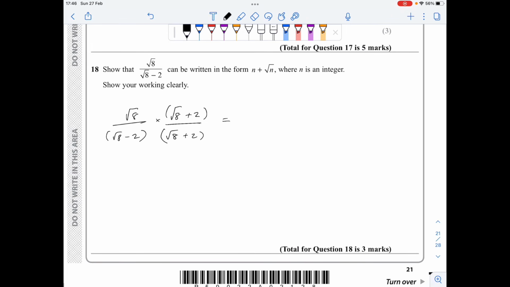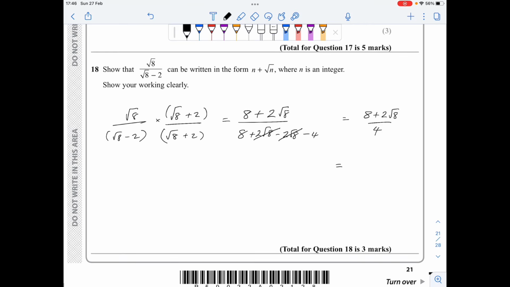So in the numerator, if I expand, square root of 8 times square root of 8 is going to give me 8 plus 2 root 8 over 8 plus 2 root 8 minus 2 root 8 minus 4. The 2 root 8 in the denominator cancels out. So I am left with 8 plus 2 root 8 over 4.